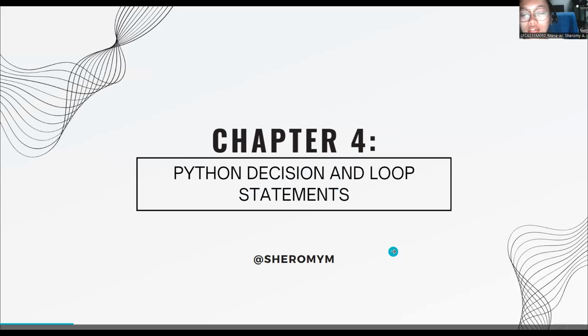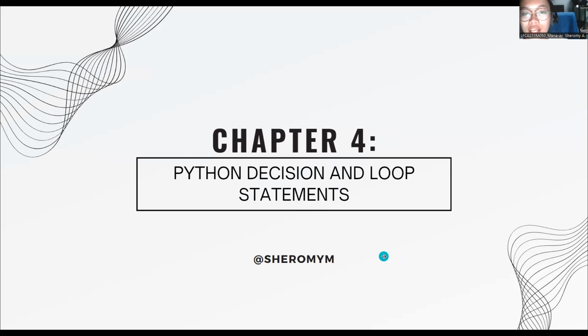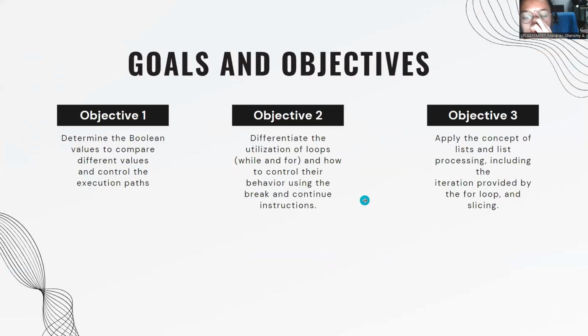Hello, good evening. This is Sheromy, discussing Chapter 4 about Python decision and loop statements. Our goal and objective is to determine Boolean values, compare different values, and control the execution paths.